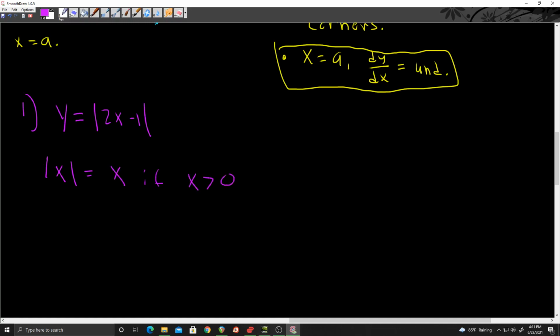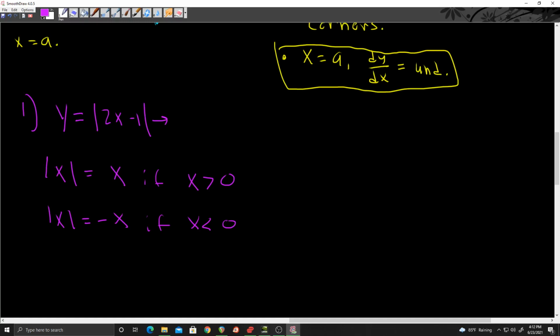In other words, absolute value of 5 is 5, absolute value of 10 is 10, absolute value of 100 is 100. But the absolute value of x is the negative of x if x is negative. So if x is negative 10, the negative of negative 10 is positive 10.